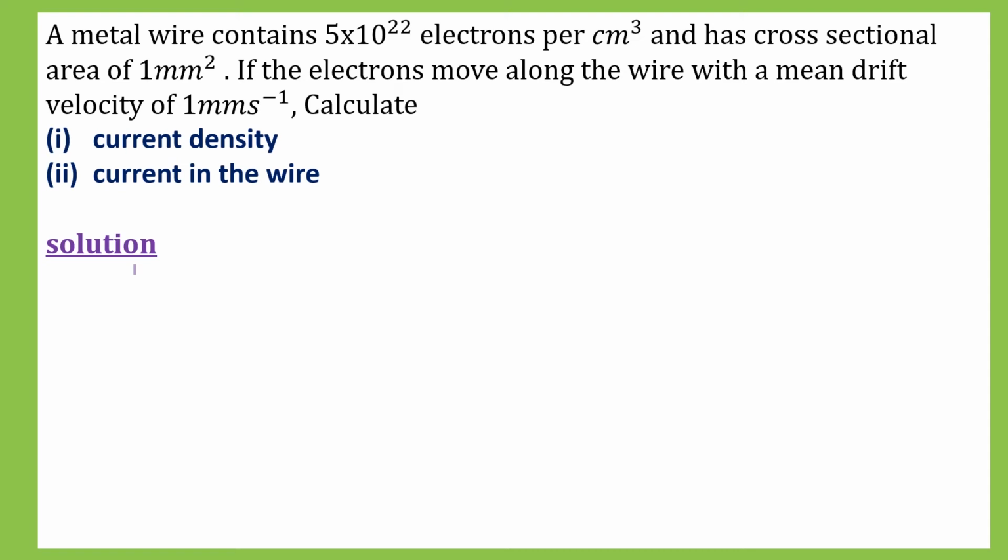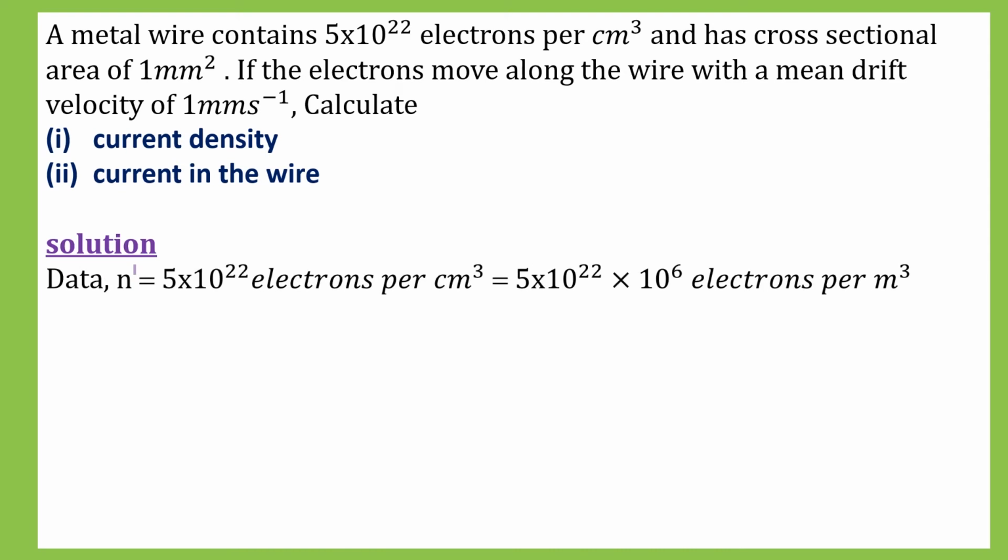To try this out, we need to find out what they have given us in the question. They have given us the number of electrons per cubic centimeter, but we know that N really stands for the number of electrons per cubic meter as per our derivation.